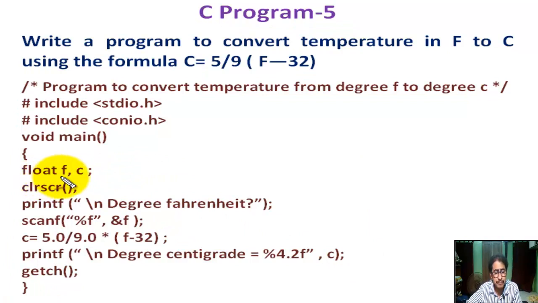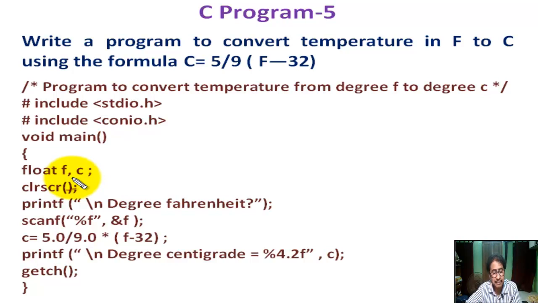Here two variables: F, temperature in Fahrenheit, and C, temperature in centigrade. Let F and C be floating point or real number variables.